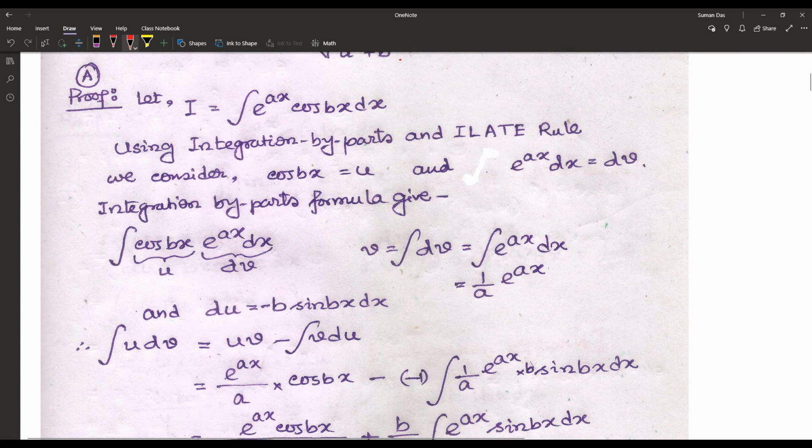Let us consider the total integration as I. Now we are using the integration by parts and we are following the Euler rule.